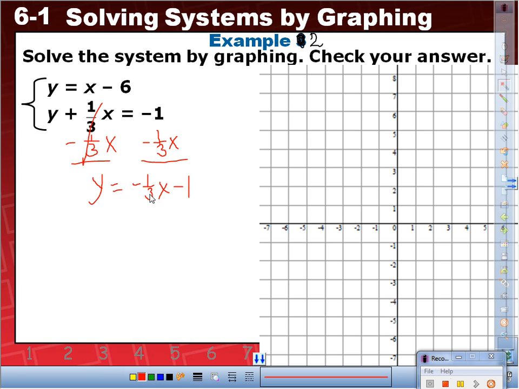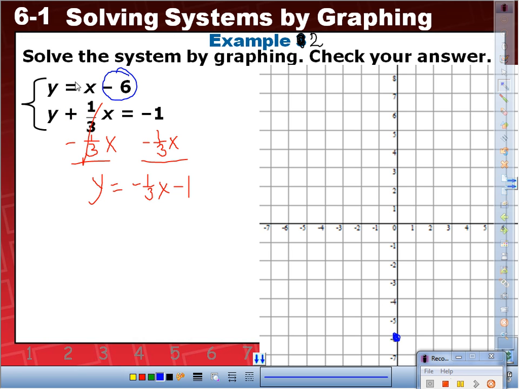Graph. Okay? So help me with this one, please. I'm going to do this one in blue. Help me with this one. Santos, go. The y-intercept is negative 6. Okay, negative 6 is right here. And what else do I do? The slope, right?